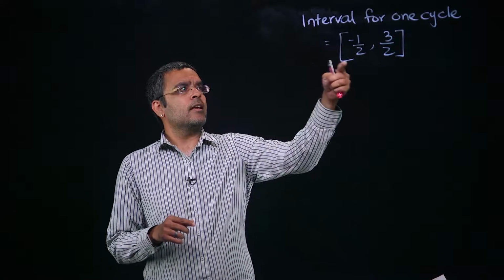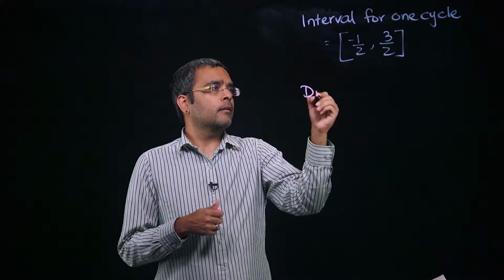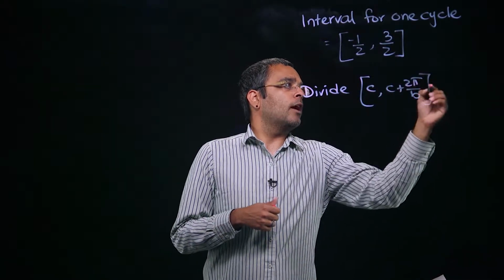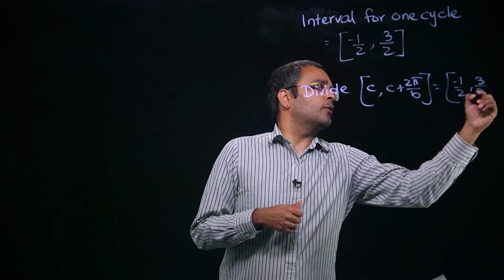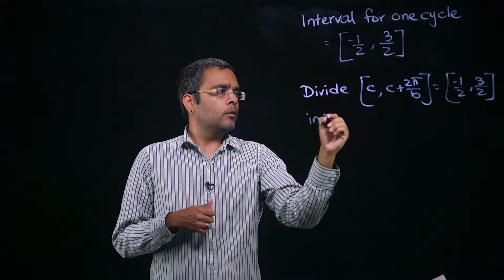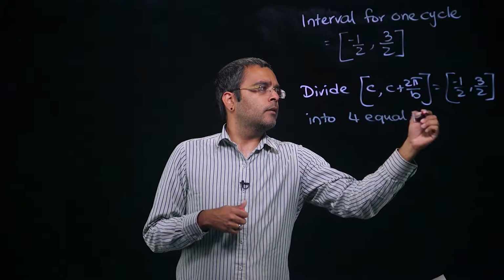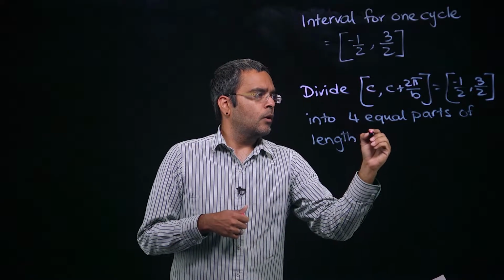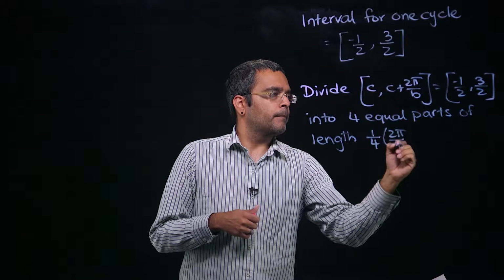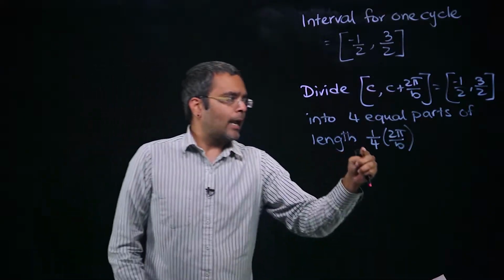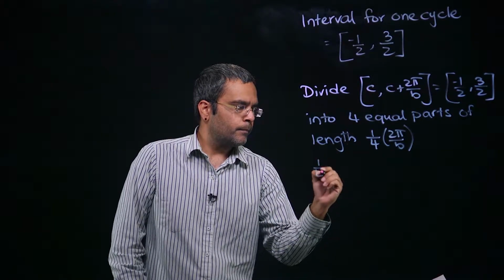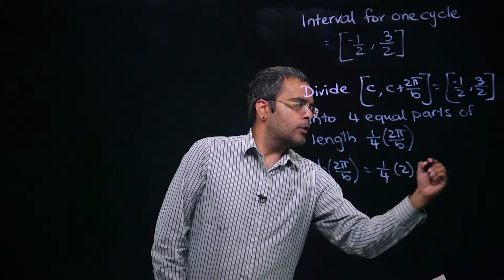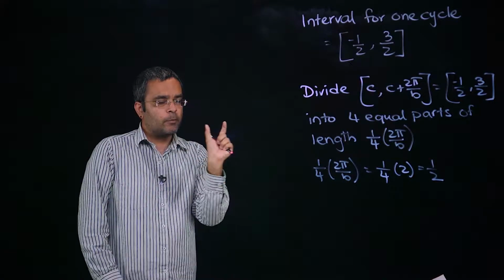So the next step is to divide this interval, (c, c + 2π/b), which for us is the interval -1/2 to 3/2, into 4 equal parts of length 1/4 of 2π/b. Let's calculate what that is for us. 1/4 of 2 is 1/2. So each part is going to be of length 1/2.